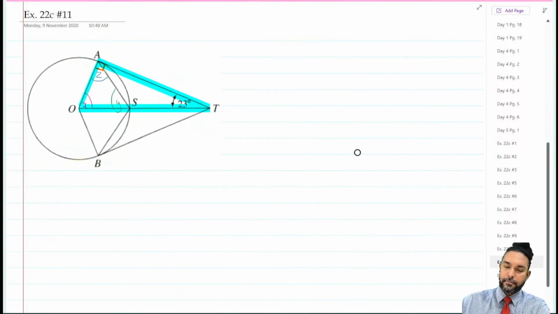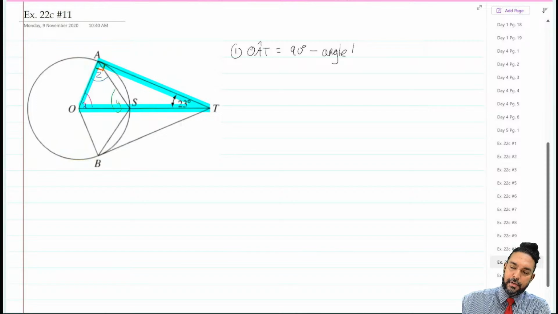So angle OAT is equal to 90 degrees, and you could say angle between tangent and radius, right?